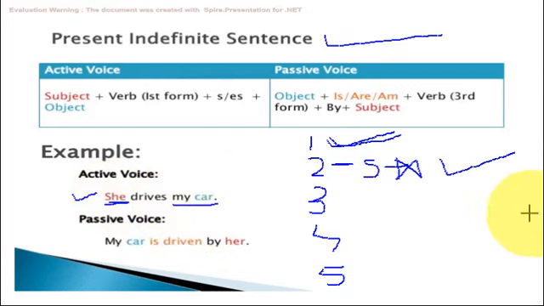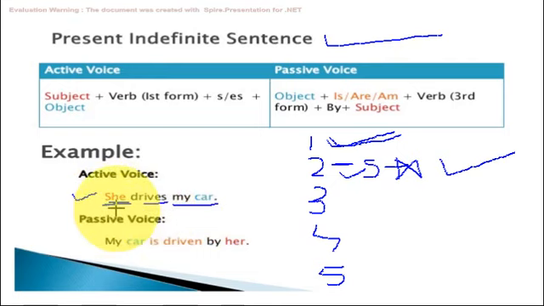Before interchanging, in rule number two, you have to divide the sentence into a few parts, 3 or 4 parts. 3 parts are very important for us. You have to divide your sentence into 3 or 4 segments. Let's see here: she drives my car. Now we have divided this particular sentence into 3 parts.